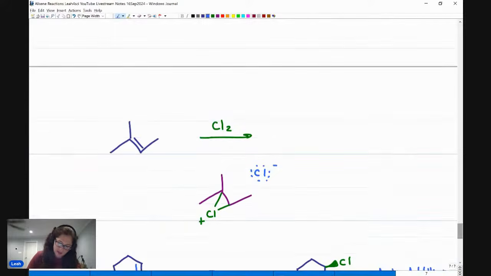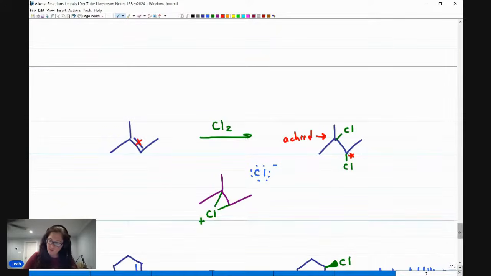So let's go back to here. And we'll show the shortcut for this: you break the pi bond, you redraw the skeleton. I don't know why that one just disappeared on me. You redraw the skeleton, and then you put one halogen in one direction and the other one in the other direction. In this case, it doesn't matter because this one is achiral, given that I have two methyl groups.